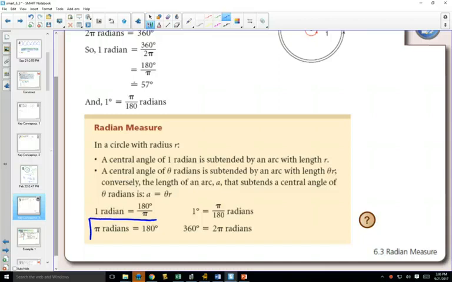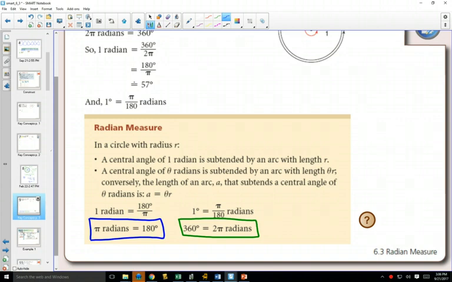These ones are important because that's what you're going to remember. You're going to remember pi radians is 180 degrees. Or you might know that 360 is 2 pi. And if you know those, you can figure out all the other ones you want to. That's one of the things we're going to be doing, getting used to radians and learning them.